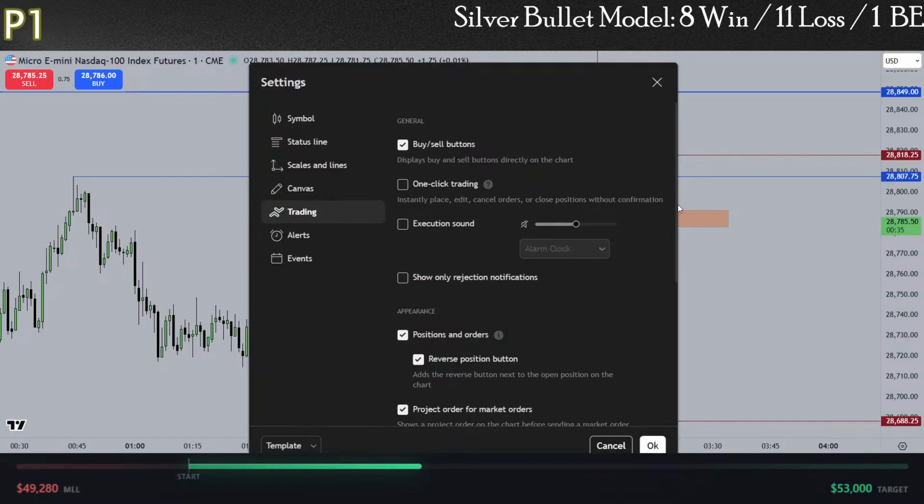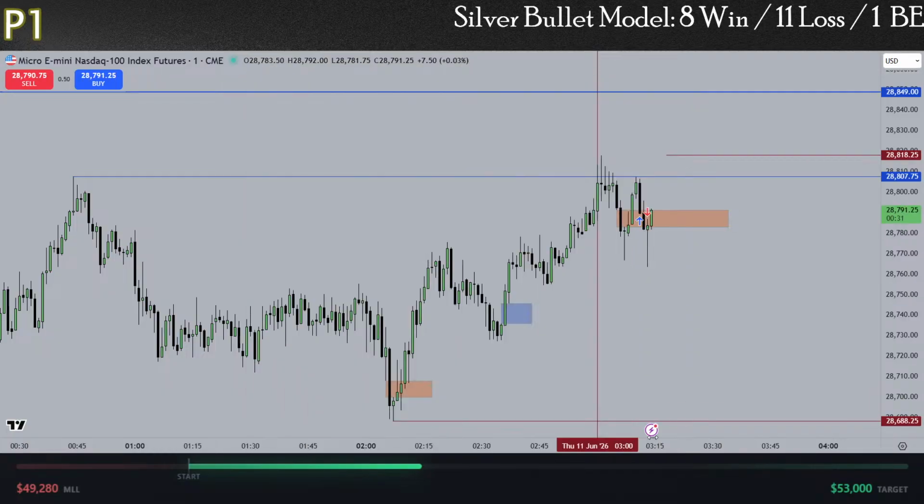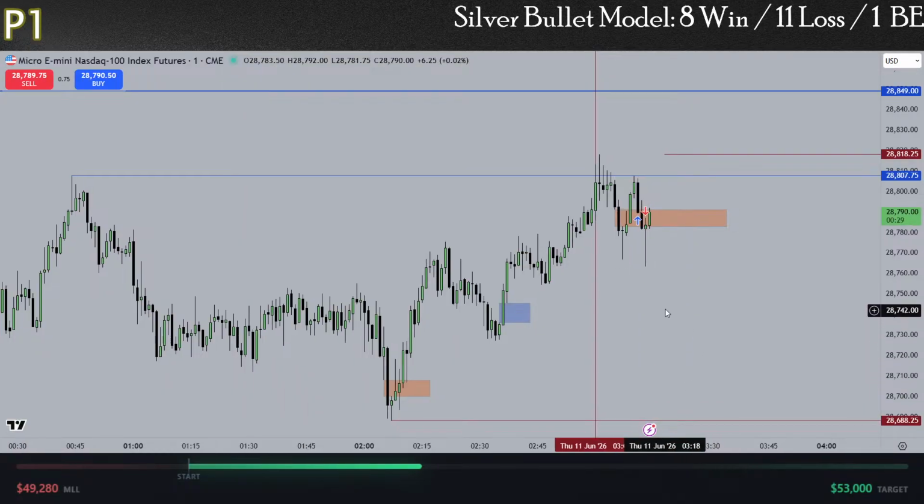I will take the label off because it clutters the chart a little bit. But yeah, price went for the short-term low here. Sell side was below it. Attacked that, repelled quickly higher.